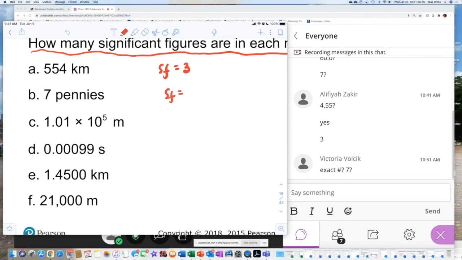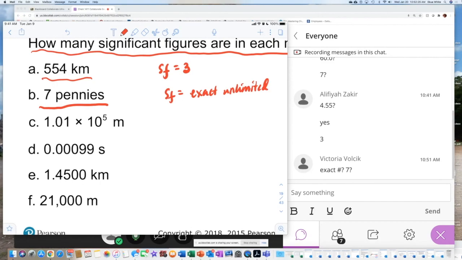If you count 7 pennies and somebody else counts 7 pennies, they can't come and say, well, I think this is 6. Everybody will agree 7 pennies are 7 pennies. Versus when you're measuring a distance, depending on the device you're using, you can be a little bit off, right? So they say this is an exact number and therefore unlimited.